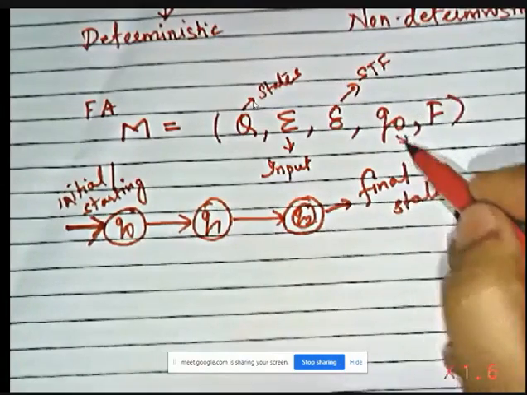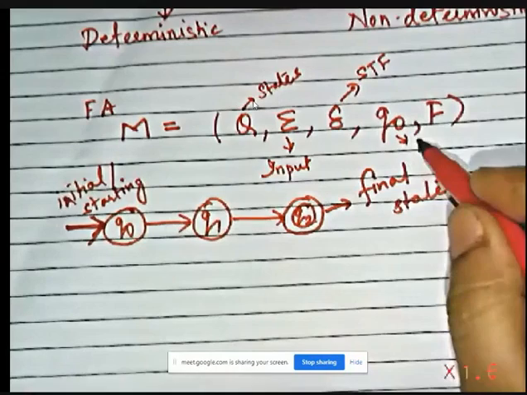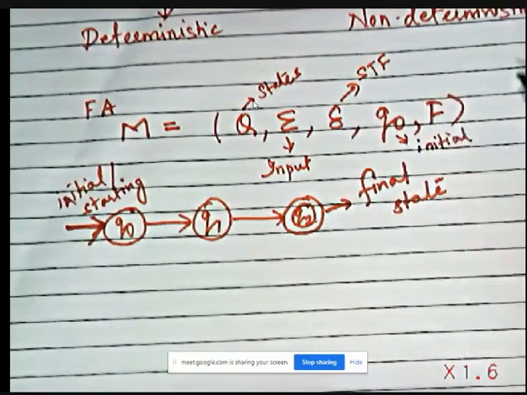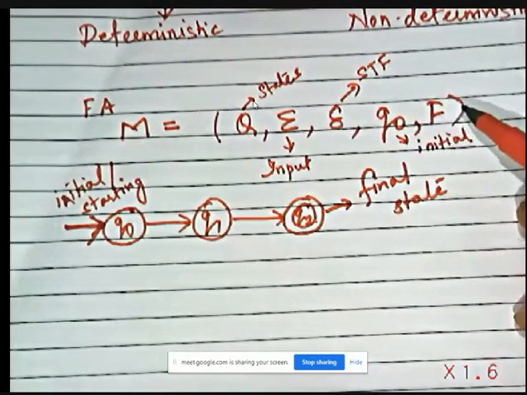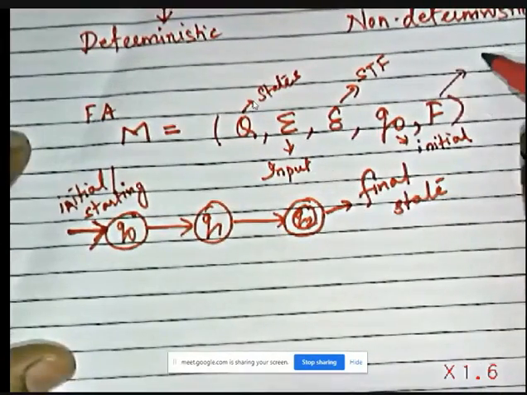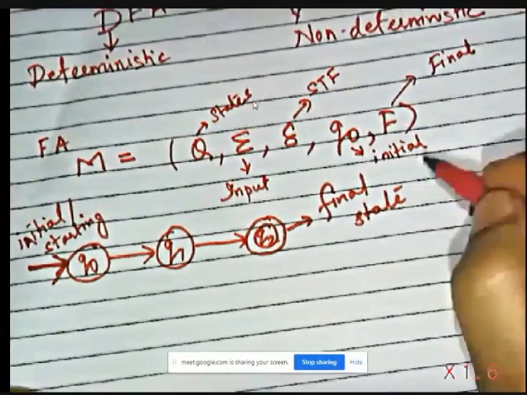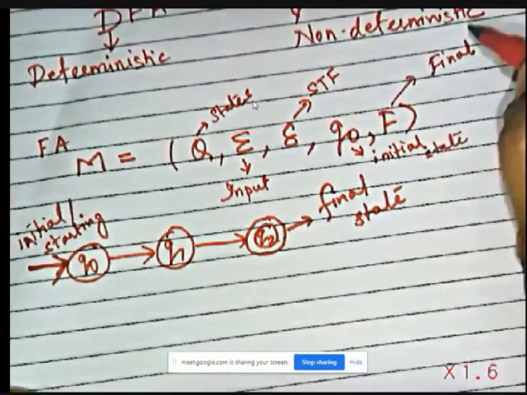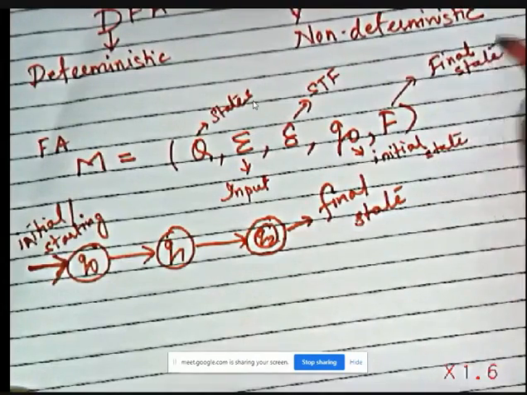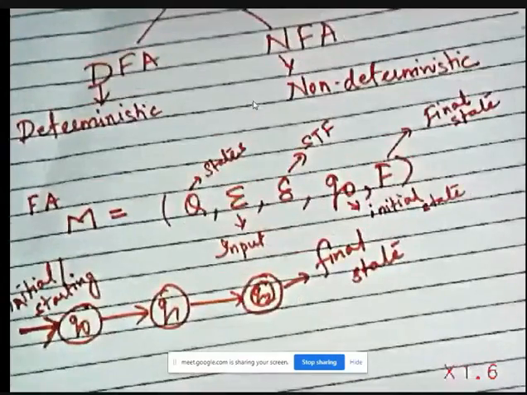Q0 indicates the initial state and F represents the final state. In this way we represent any finite automata. Is it clear to everyone?